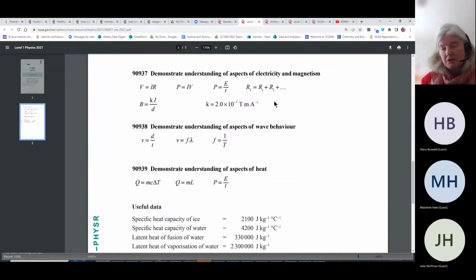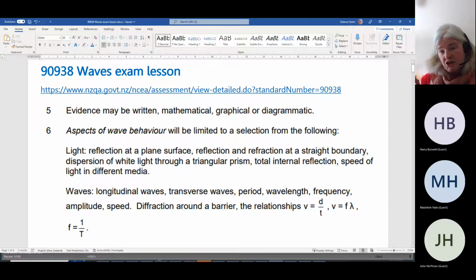So this is to do with electricity. This one is for the WAVES, which we're doing today. And then this is the one if you're doing the heat standard. So all those things will be given in the exam in a separate booklet, so make sure you're able to access it. Okay, so going back to this, please chip in and type in any questions if you want to ask me something about any of this.